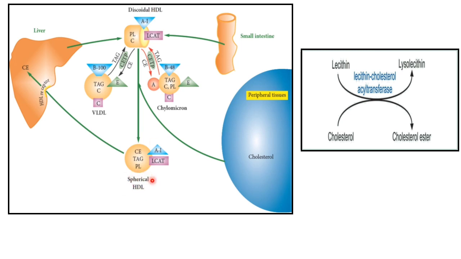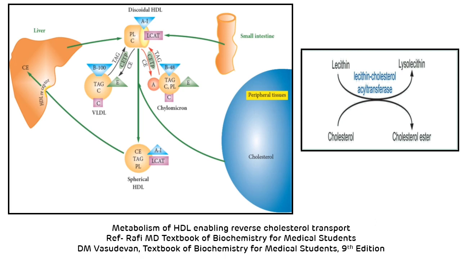These mature spherical HDL particles are taken up by the liver by HDL receptors, where they are hydrolyzed by hepatic lipase enzyme. So this is the picture showing the metabolism of HDL and how reverse cholesterol transport is done by it.